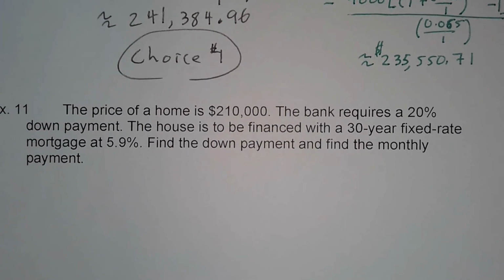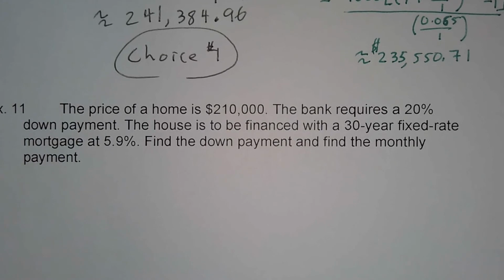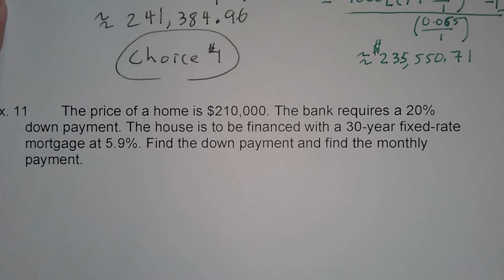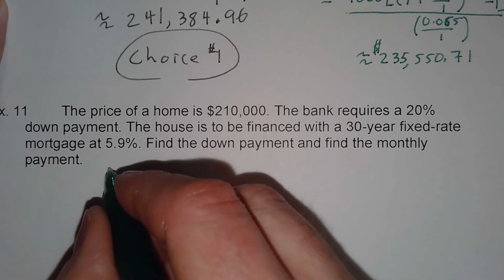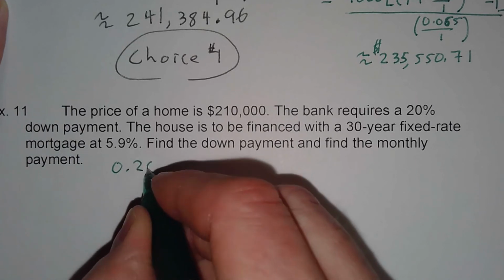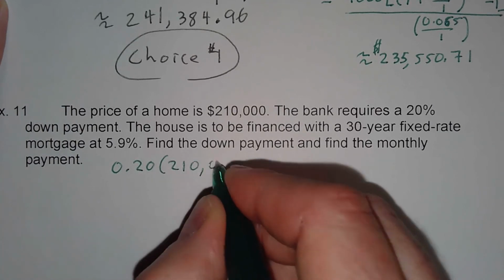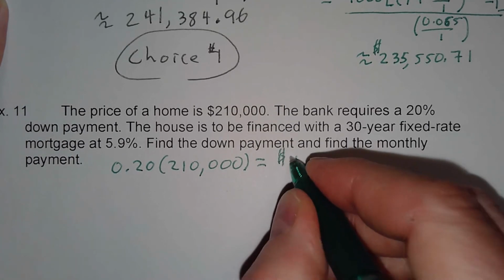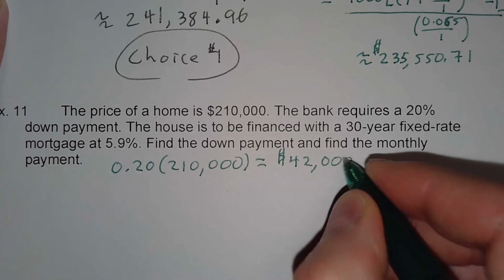Let's try number 11. The price of a home is $210,000. The bank requires a 20% down payment. The house is financed with a 30-year fixed rate mortgage at 5.9%. We want to find the down payment and the monthly payment. Well, the down payment is 20%, so we need to take 20% of 210,000. If you do that multiplication, that would give us 42,000 for the down payment.